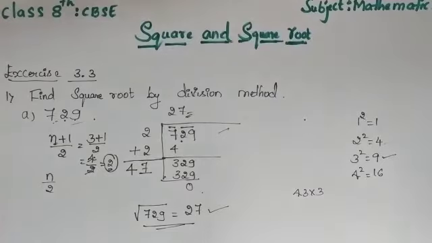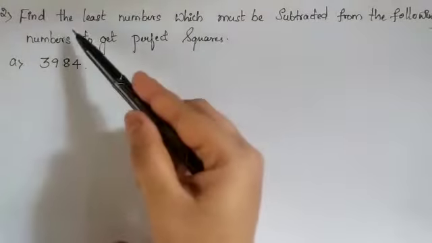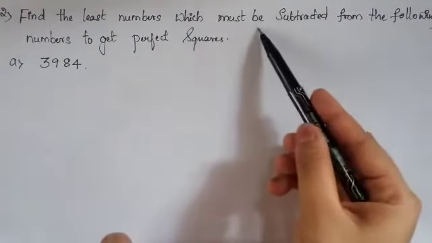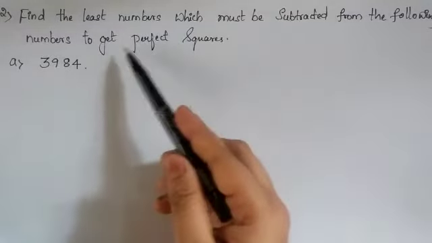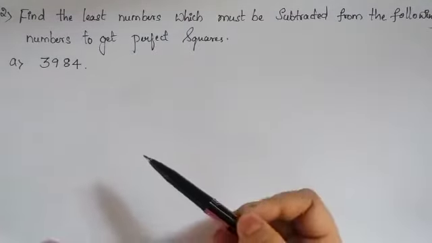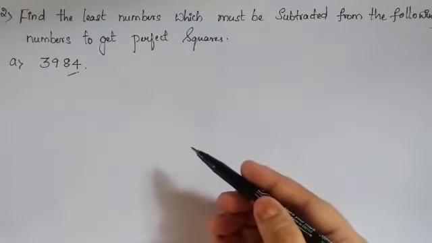Let us go with the next one. The second problem says, find the least number which must be subtracted from the following numbers to get a perfect square. That means the given number is not a perfect square.